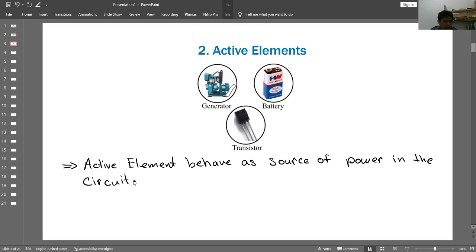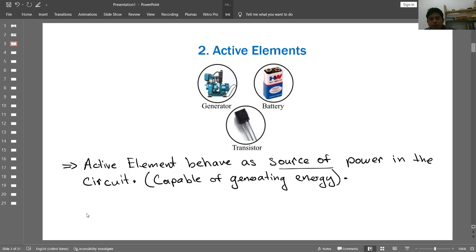Okay, so another title that we can give to source of power is that it's capable of generating energy. Okay, there it is. So we have that an active element behaves as a source of power in the circuit, capable of generating energy.